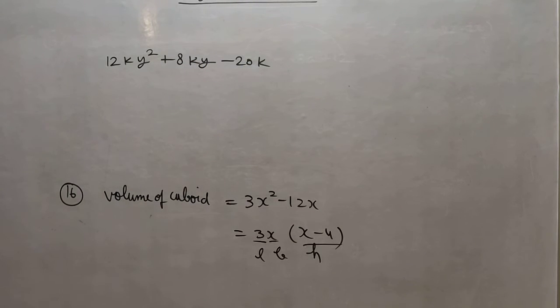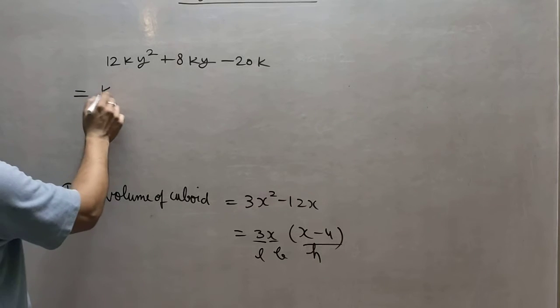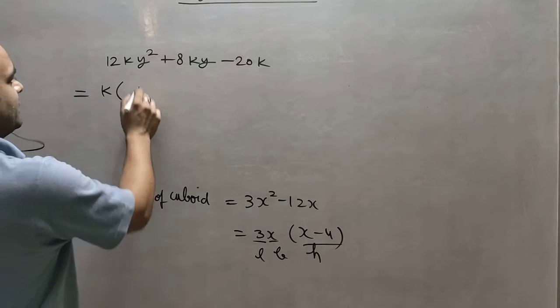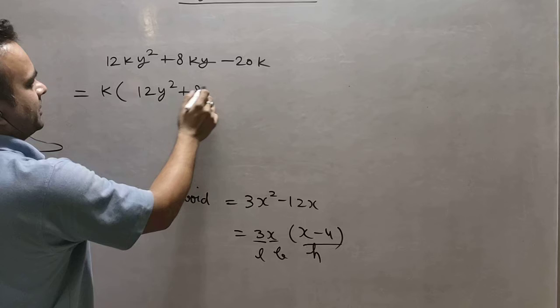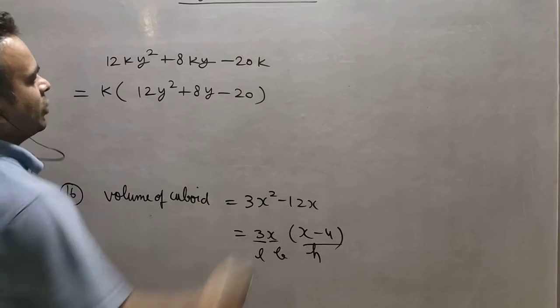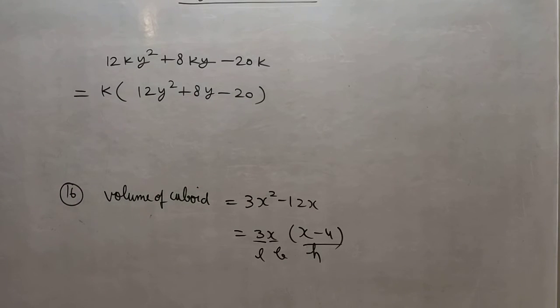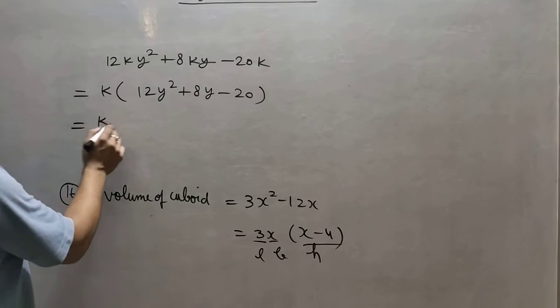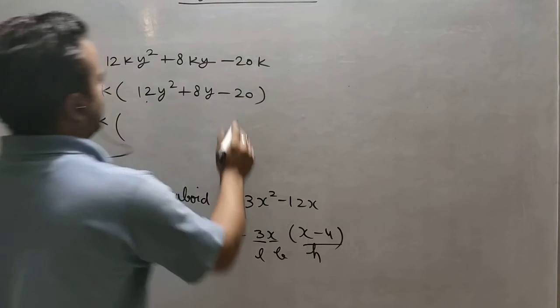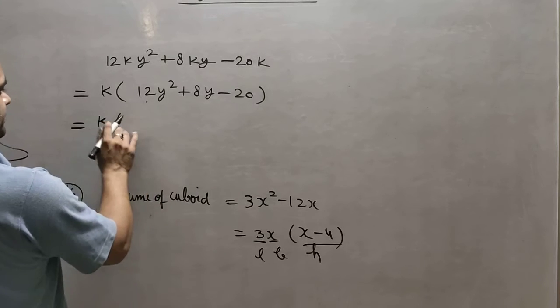Can we take k common here? You can see, now I don't think there is any problem with k, because k is now out of the bracket. But yes, this k will represent one dimension here, right? So k, and now can we take 2 common here?